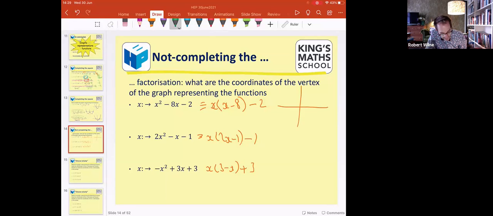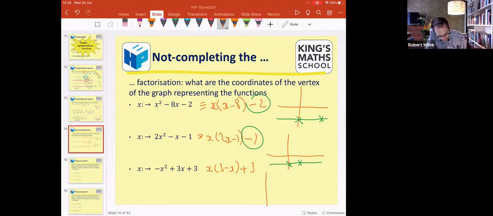I get a value of -2 when x is 0 and x is 8. Or I get a value of -1 when x is 0 or x is 1/2. Or I get a value of 3 when x is 0 or indeed x is 3.